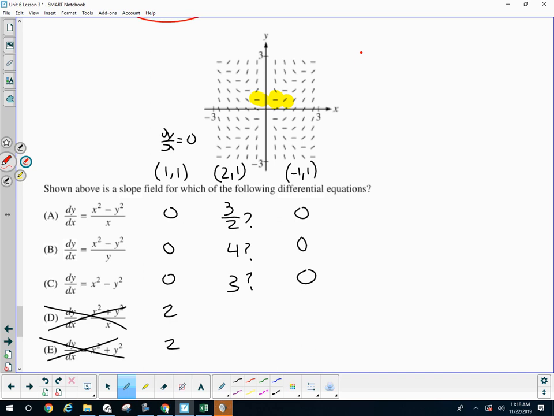Maybe we'll look at a slope over here and a slope over here. If I plug in something like 3, 0, I know that my slope is positive. If I plug in negative 3, 0, I see that my slope needs to be negative.